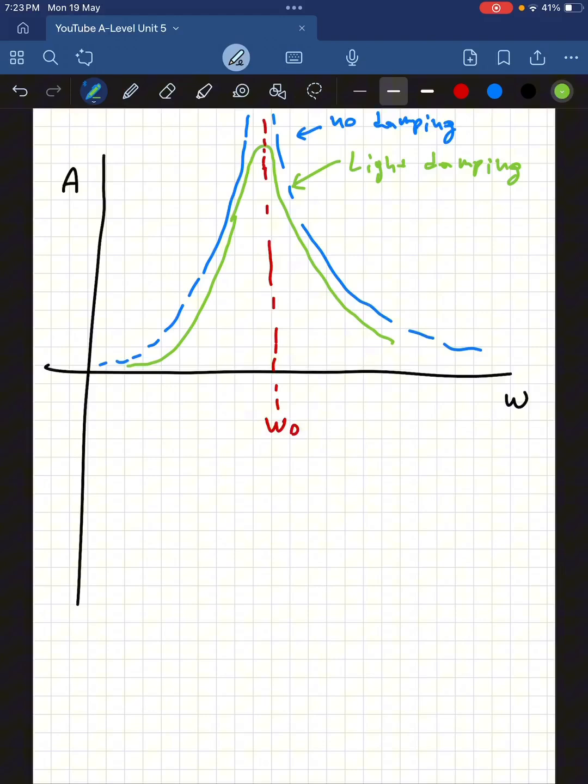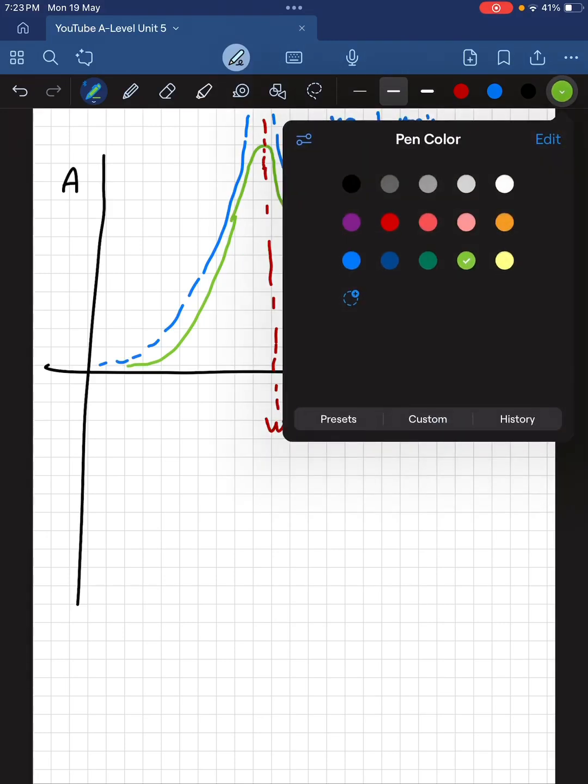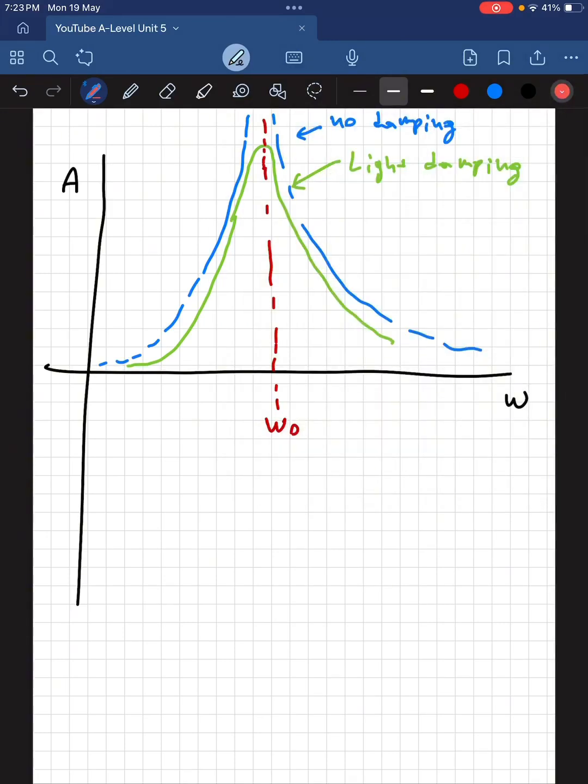Now, if the damping force is larger, we get some sort of heavier damping. So if we have a heavier damping, we will get this graph, okay? Notice that its maximum is shifted to a lower angular frequency, okay?